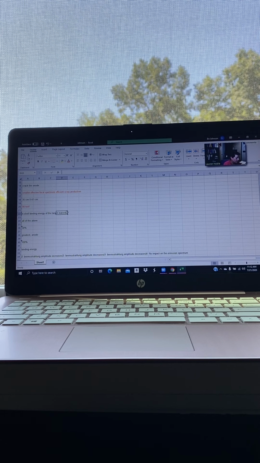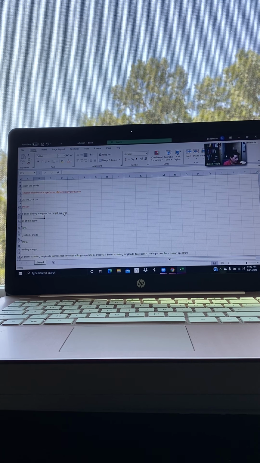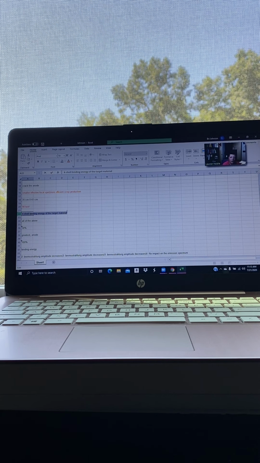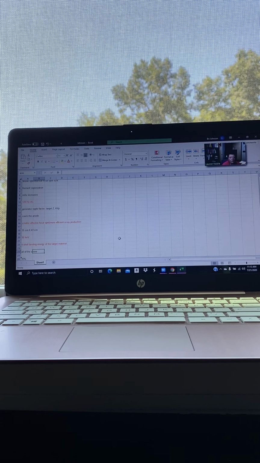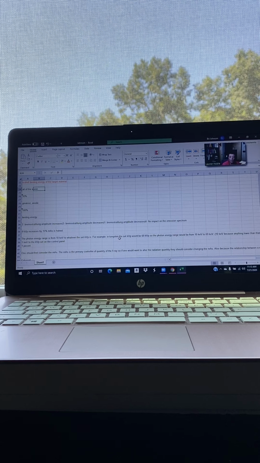Okay. The answer C, which was K-shell binding energy of the target material, could have been a possible answer if this question was talking specifically about characteristic X-rays, but it was asking about the highest energy photon in the primary beam. So if I'm at 100 kVp, I do get characteristic, but I also get Brem's.